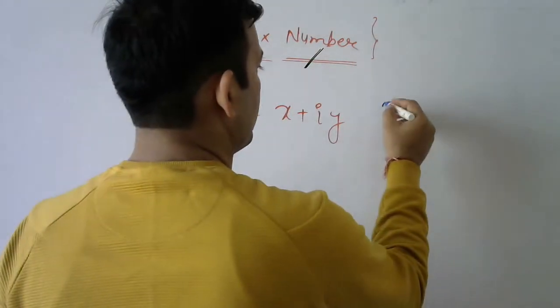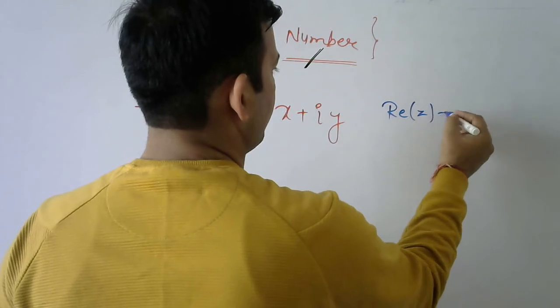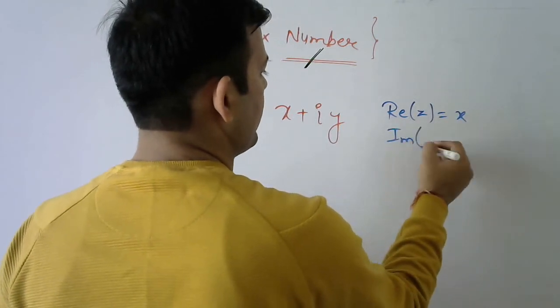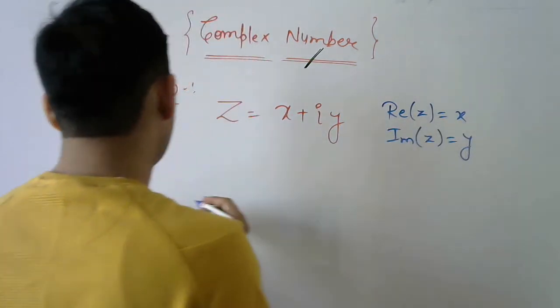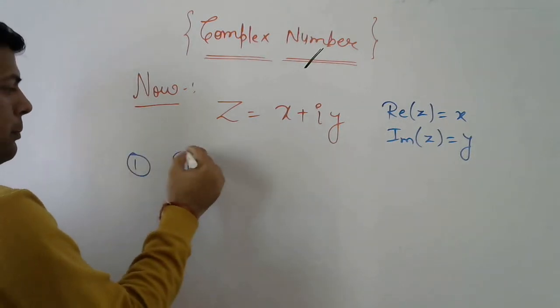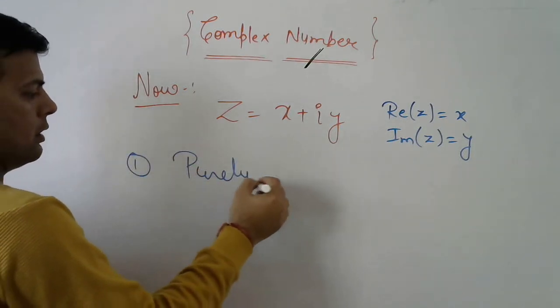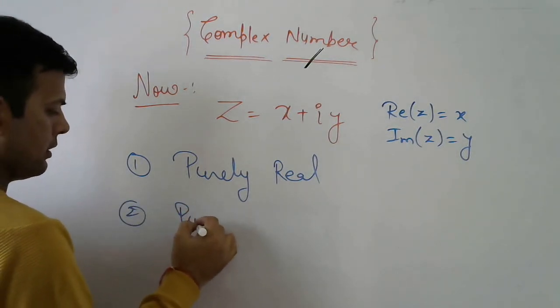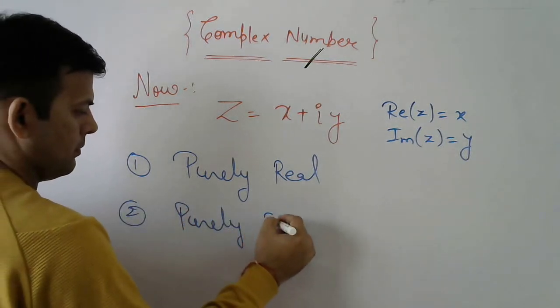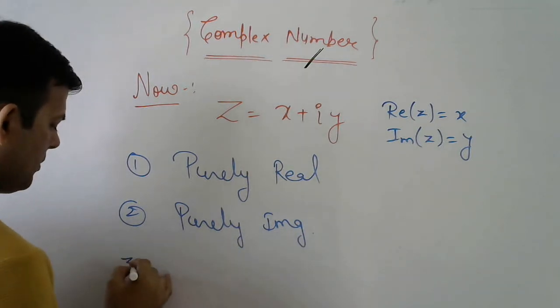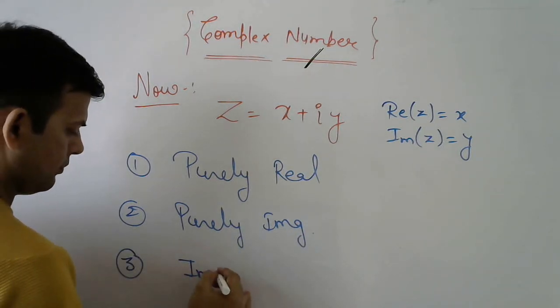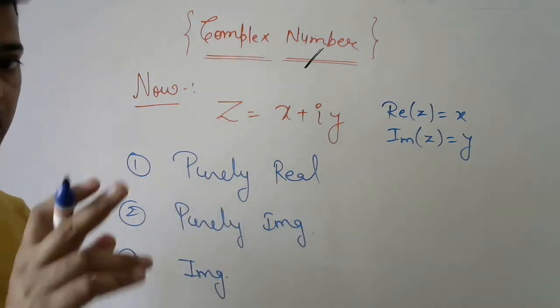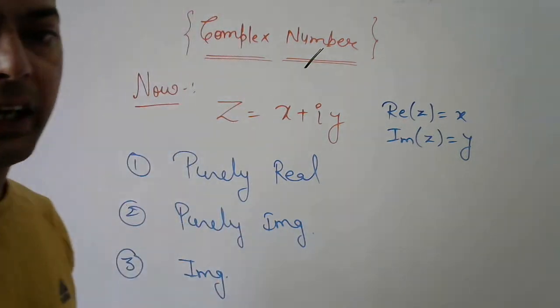Here the real part of z is x, and the imaginary part of z is y. There are three concepts: purely real, purely imaginary, and imaginary.